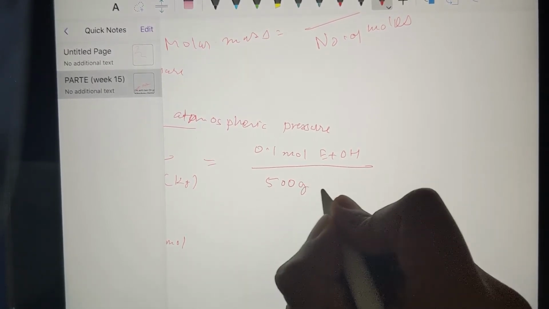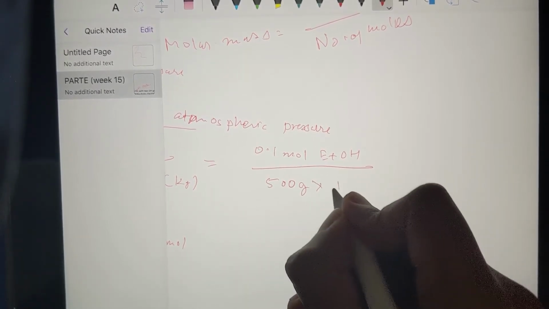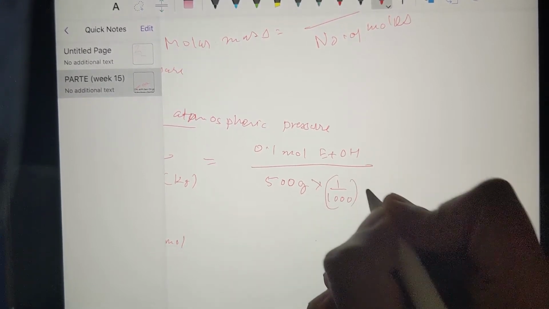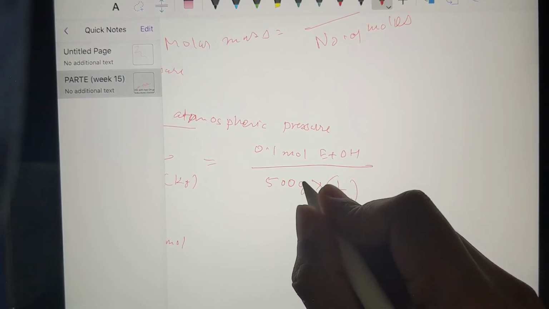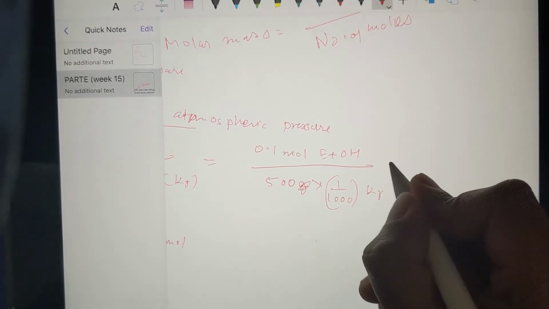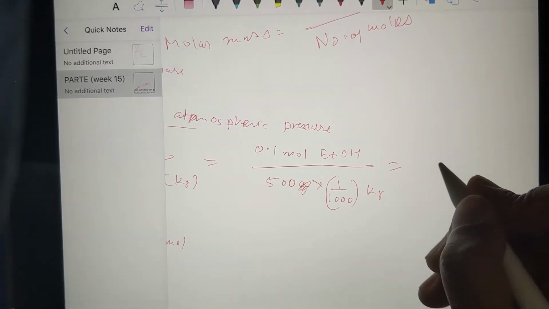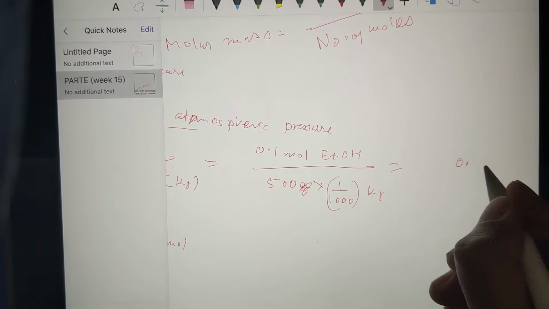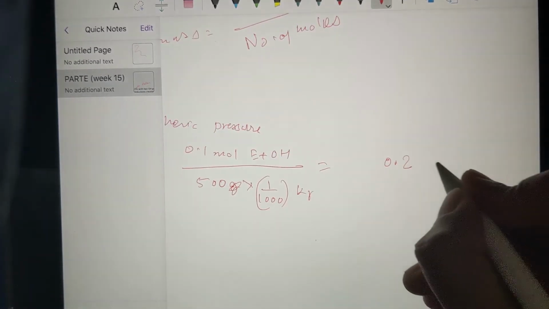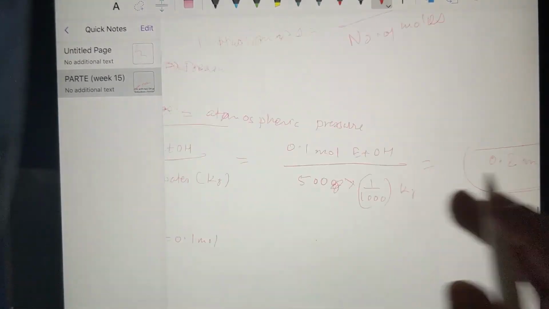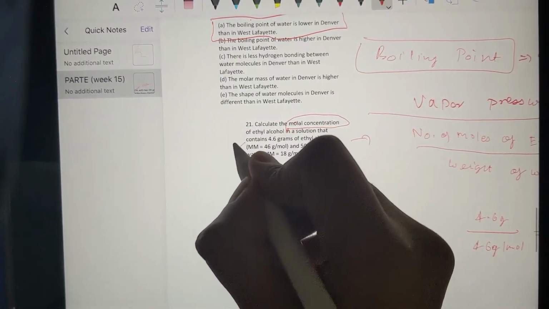To convert it into kg, you have to multiply by 1/1000. Okay, so if you solve this, you get around 0.2 mole per kg. So the answer for this is 0.2.